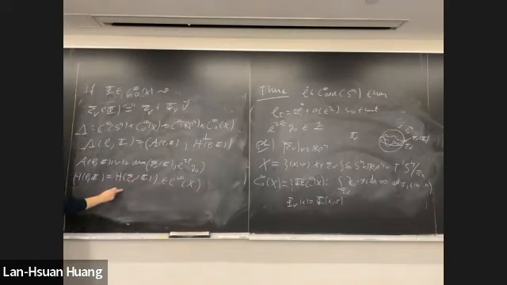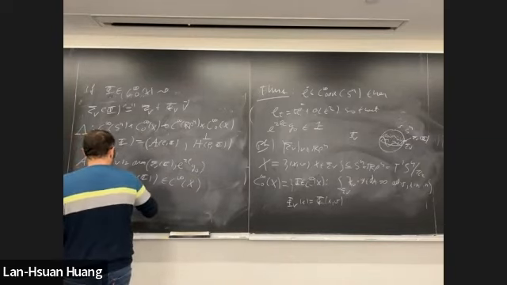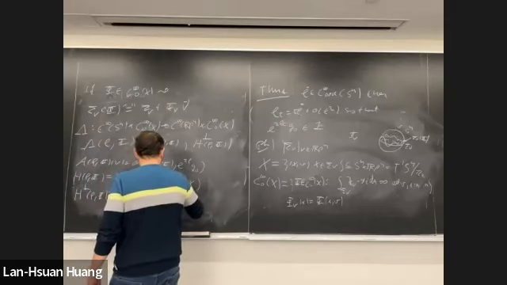And then h perp is just the orthogonal projection. By definition, we take this function, the mean curvature, and subtract its projection.